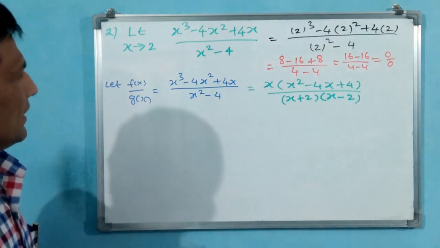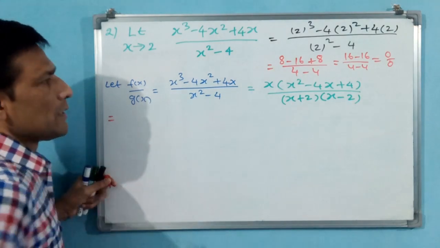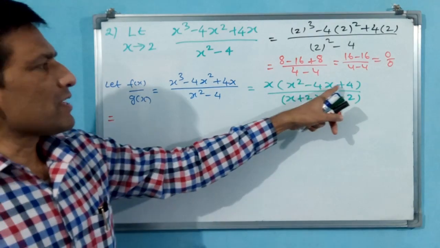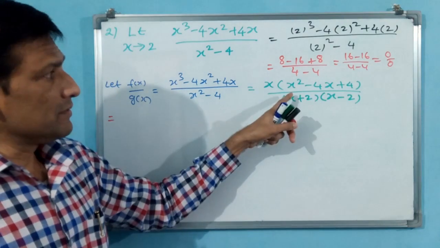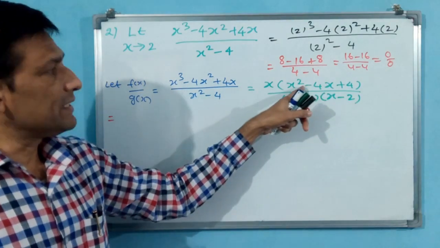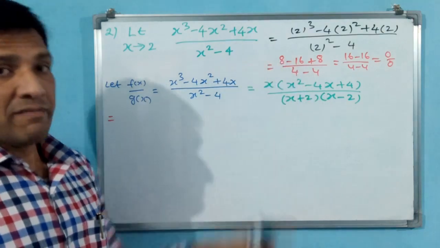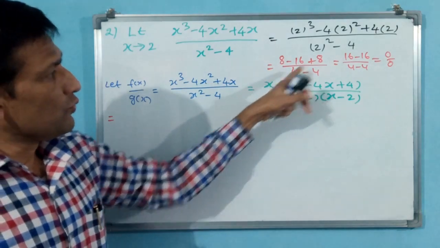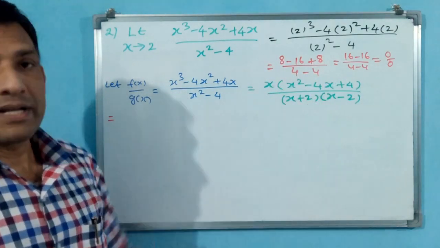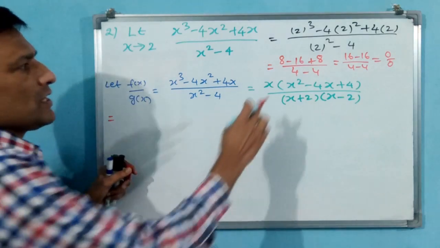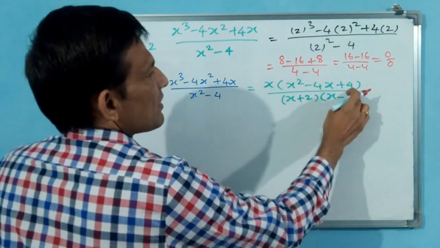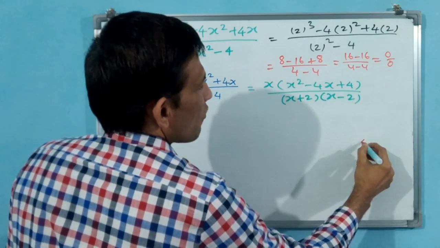Now x square minus 4x plus 4: you can directly say x minus 2 whole square. But even then, I request you to do this factorization like a quadratic. a into c is 1 into 4, 4.